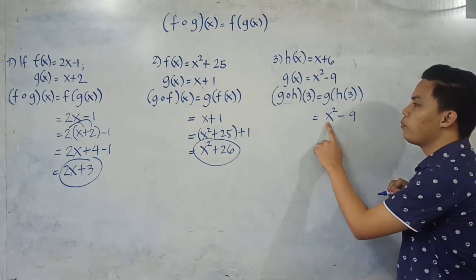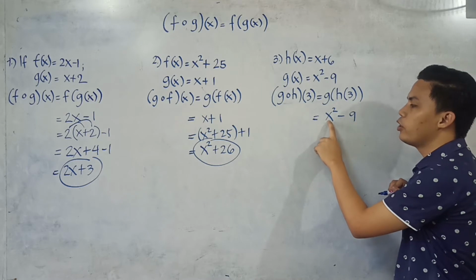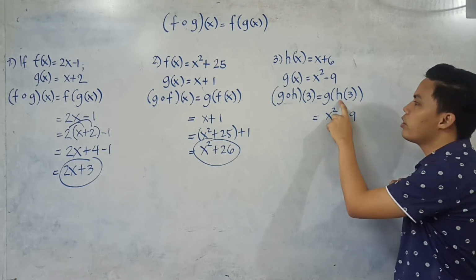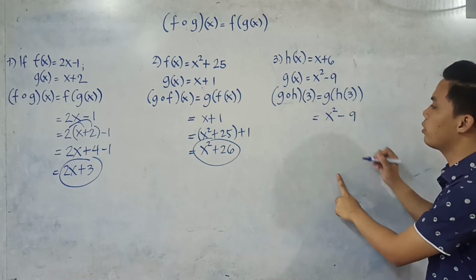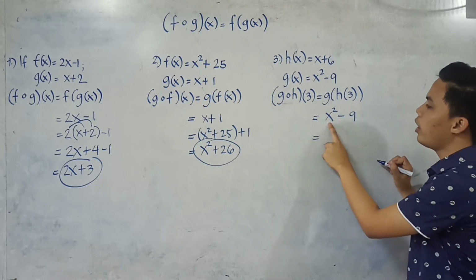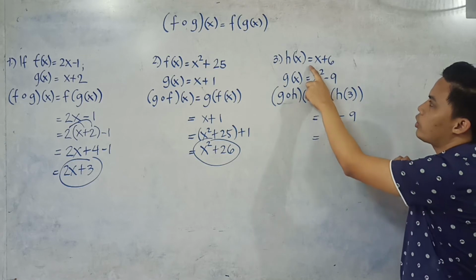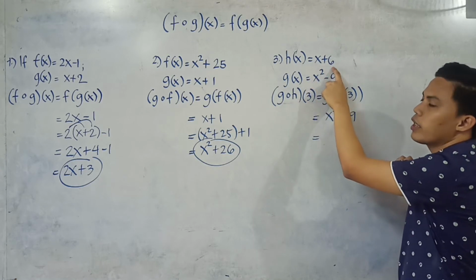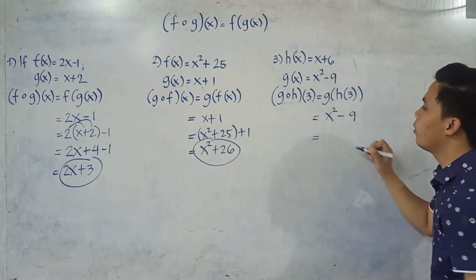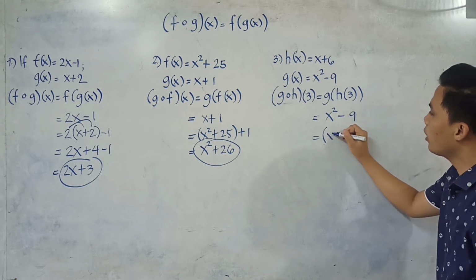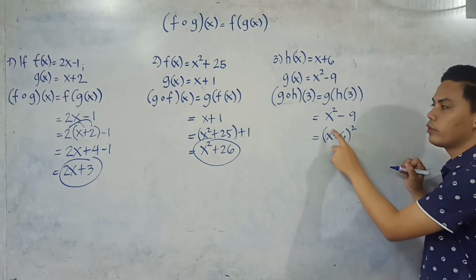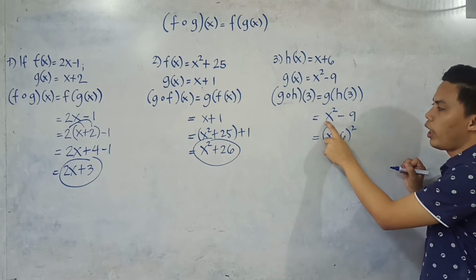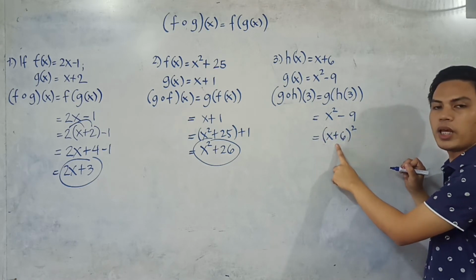Again, para ma-solve ang g of x, kailangan natin yung inner function nito, which is yung function of h or h of x. Sa x, papalitan natin siya ng h of x, which is x plus 6. Tama? So, magiging x plus 6 squared. Kuha ba? So, again, itong x, pinalitan natin ng x plus 6.